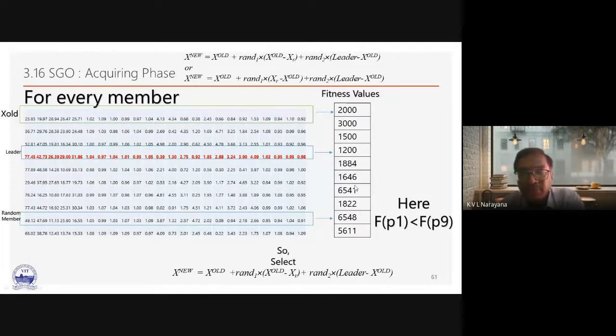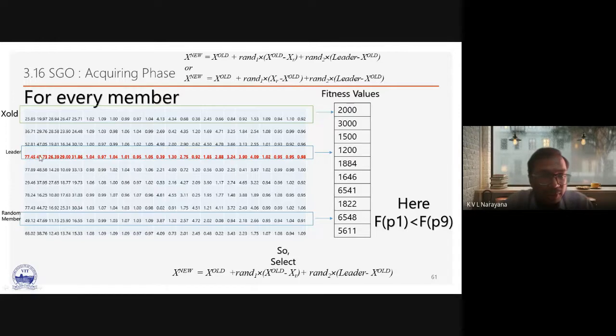So again, the fitness values are to be calculated. After the improving and acquiring phases, the fitness values are to be calculated. Now, whichever member gives the minimum fitness value is considered as the solution. Here, 1200 is the fitness value.